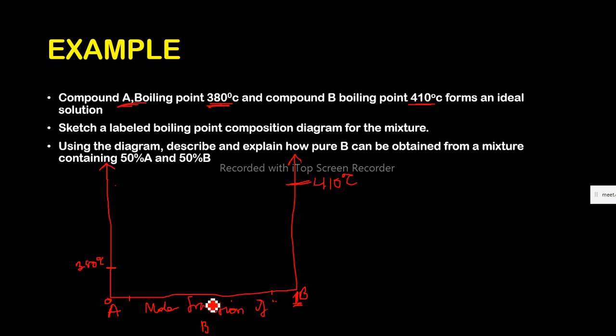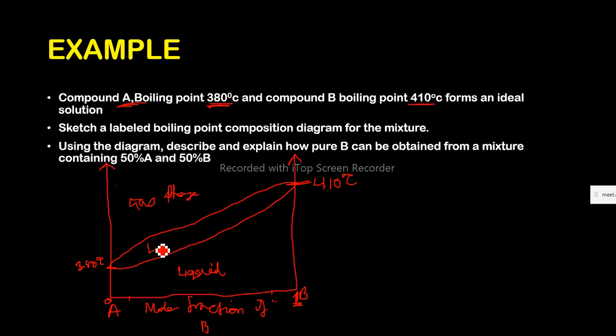So therefore, if you are to sketch the boiling point composition curve, then the boiling point is going to take this path, and then the vapor is going to have such a curve, where this is going to be the liquid phase, and this one is going to be the gas phase, whereas this one is going to be the liquid-gas equilibrium.